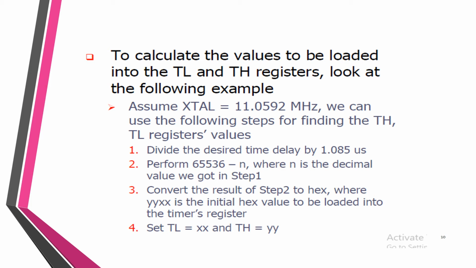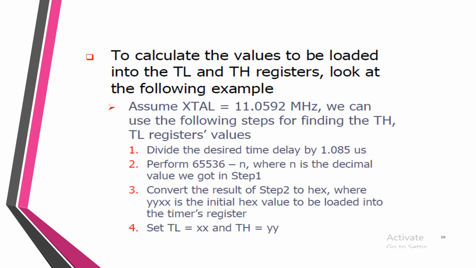Now what we have to do is perform 65536 minus n, where n is the decimal value, so as to get the respective values of TH and TL. Why are we doing this? Because we want to know what exact value is to be loaded in the TH and TL registers.